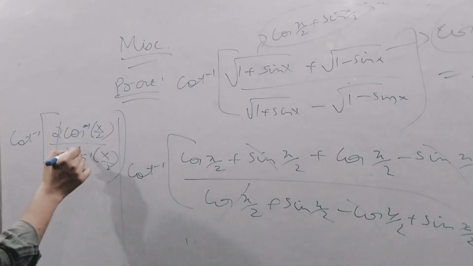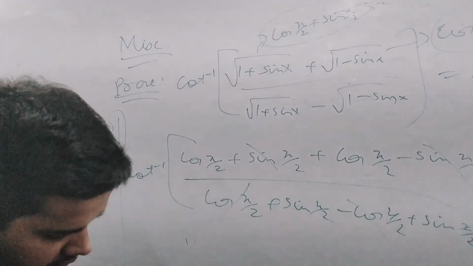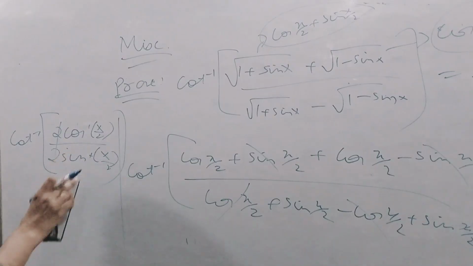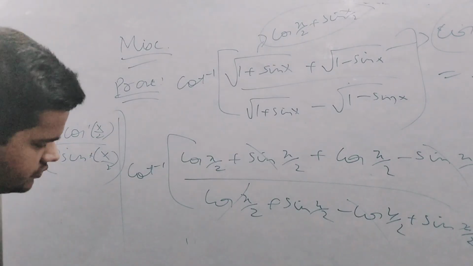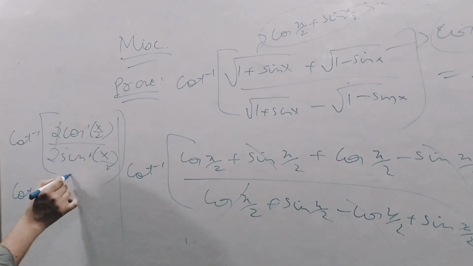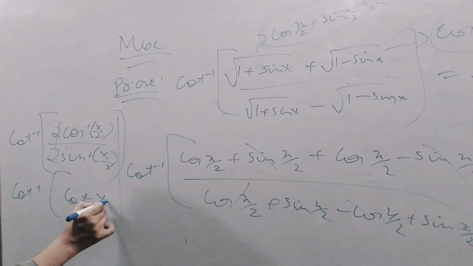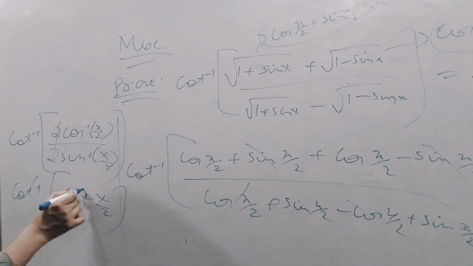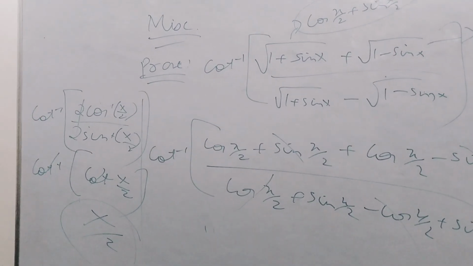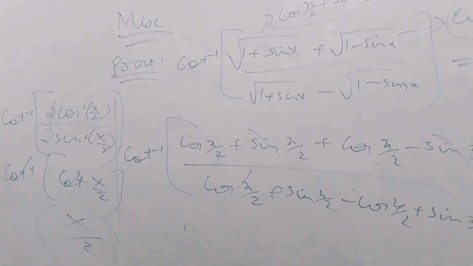I mean, this is only cos and sine, not cos inverse and sine inverse. So what is cos upon sine? It is cot. So I get cot inverse cot x upon 2. This is cancelled out, so it is x by 2, which is the RHS, hence proved. You note it down.